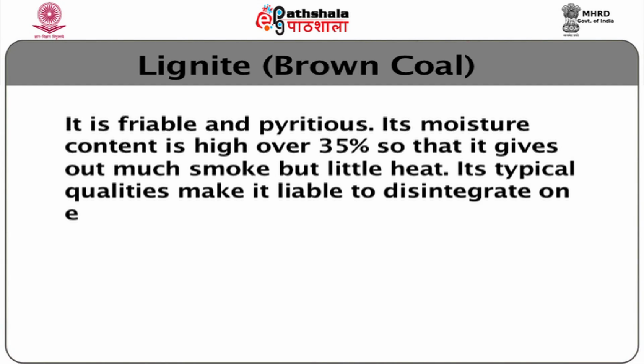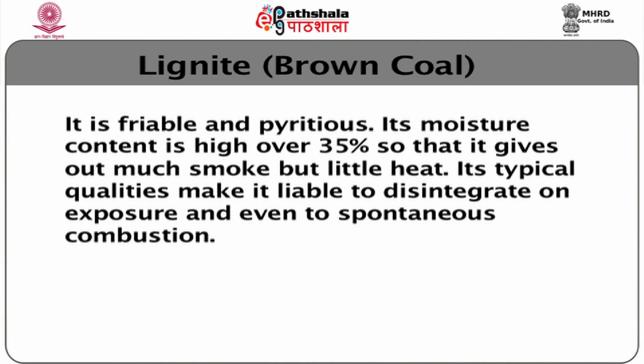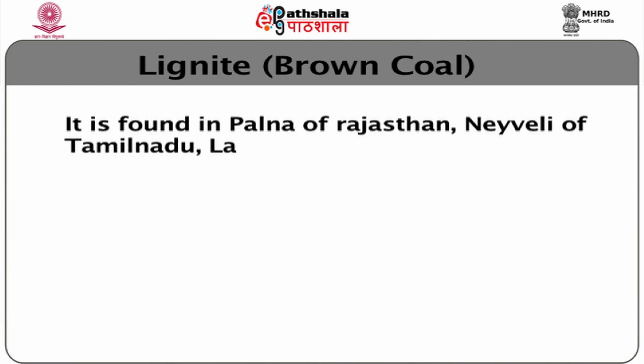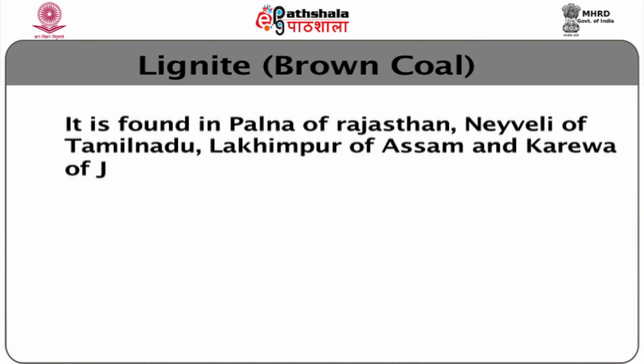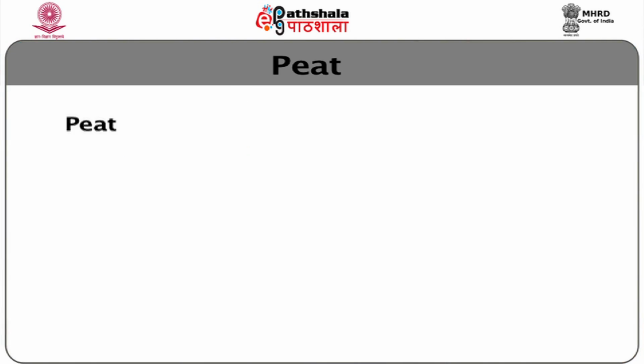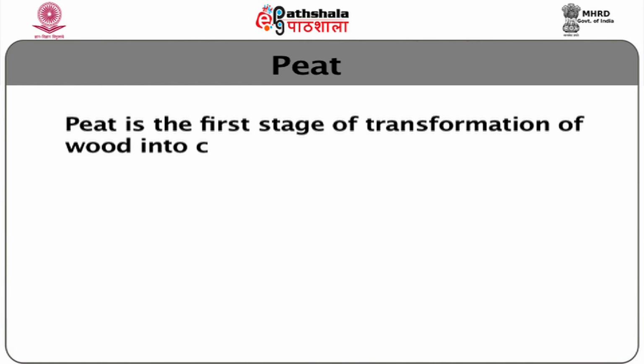Its typical qualities make it liable to disintegrate on exposure and even to spontaneous combustion. It is found in Rajasthan, Tamil Nadu, Assam and parts of Jammu and Kashmir. Peat is actually the first stage of transformation of wood into coal and contains less than 40% of carbon.